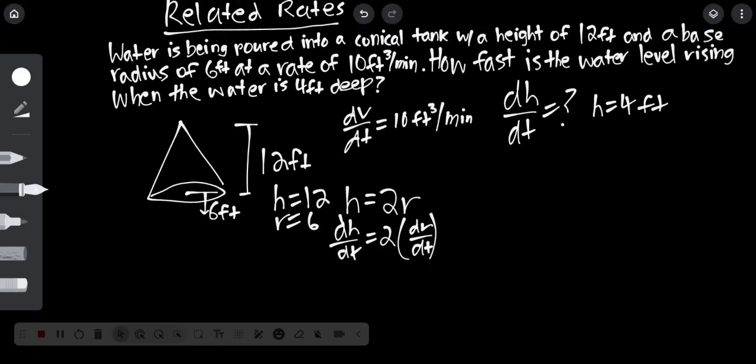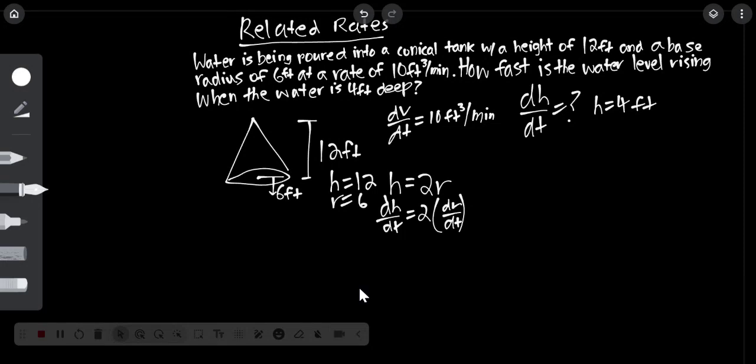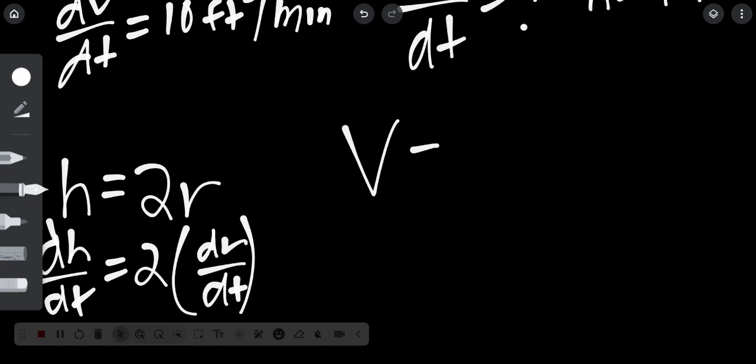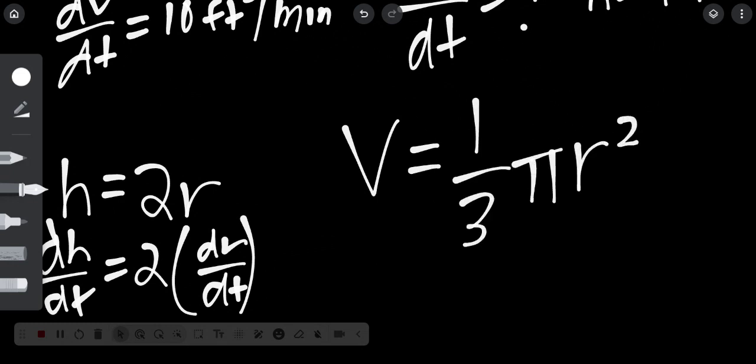So I'm sort of stuck. How do you solve this? Let's think about this. We're given stuff about volume, so we need to put in an expression about volume. The volume of a cone is 1/3 pi r squared h.